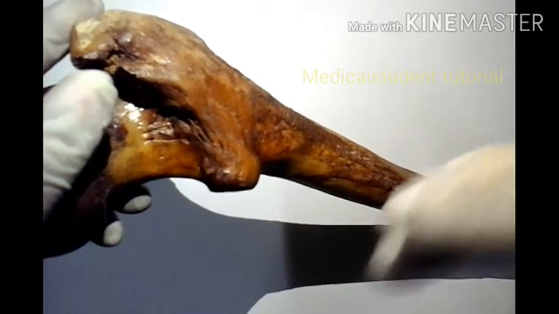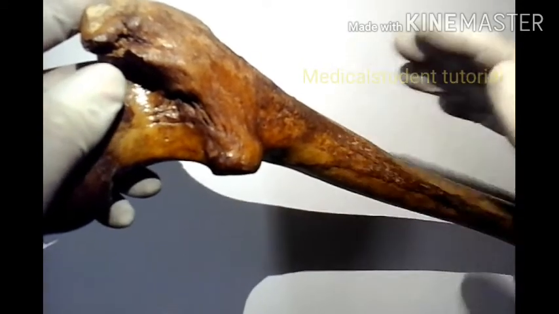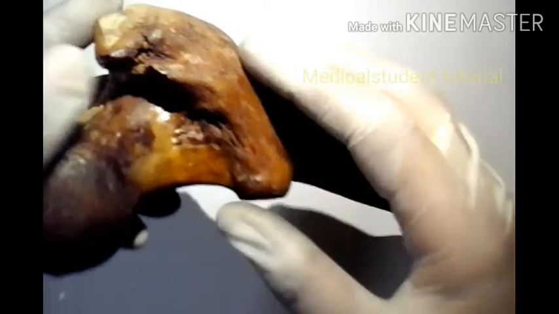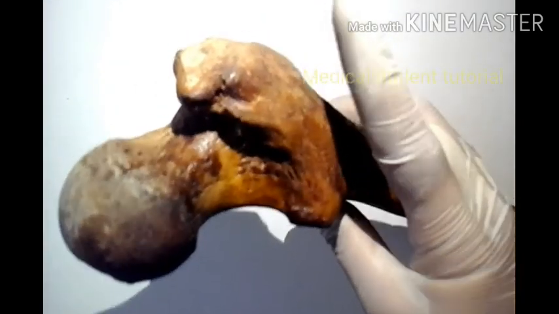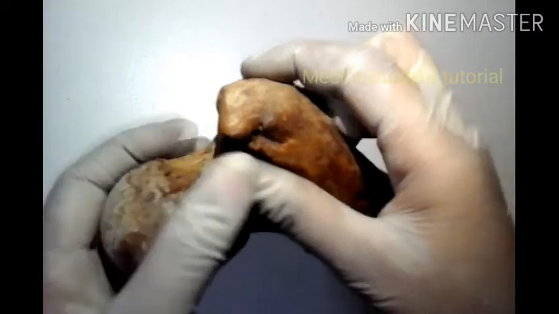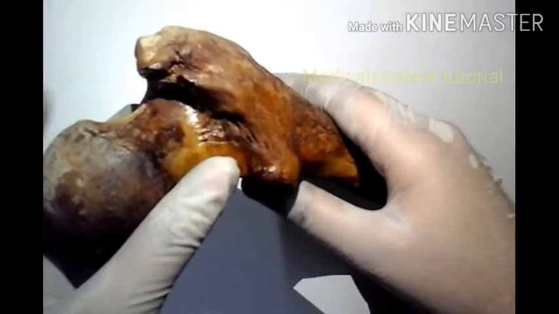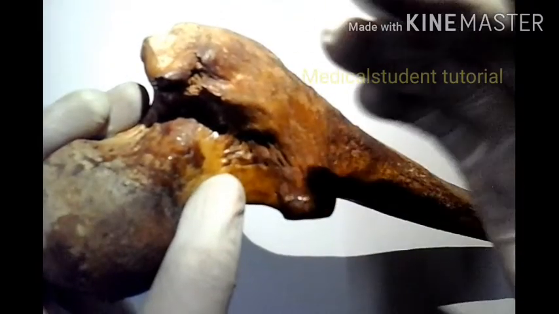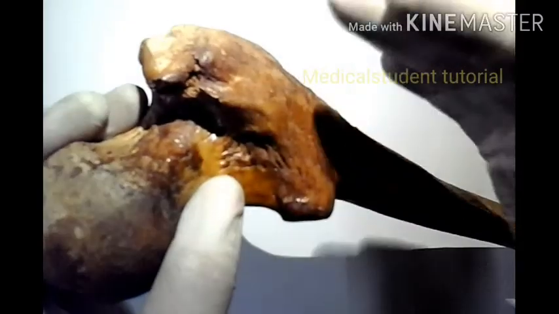It provides an attachment for several muscles of the gluteal region. The greater trochanter lies laterally, close to the skin, and can be easily palpated on the lateral side of the thigh.